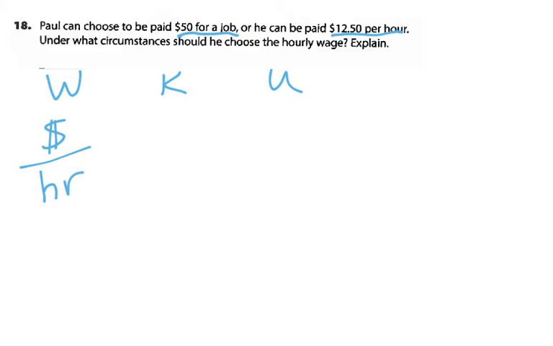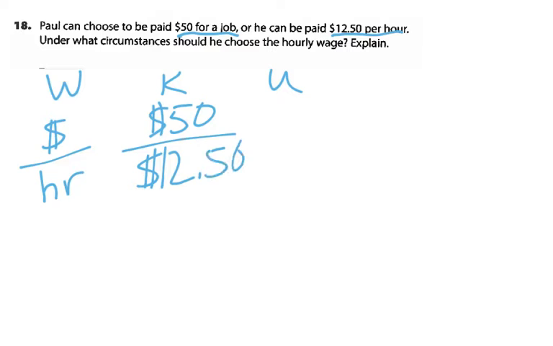So if he makes $50 and he gets paid $12.50 for the hours it takes him to make that $50, I need to try to figure out how many hours that's going to be. Okay, so how I'm going to figure that out is I want my hours to get to 1.